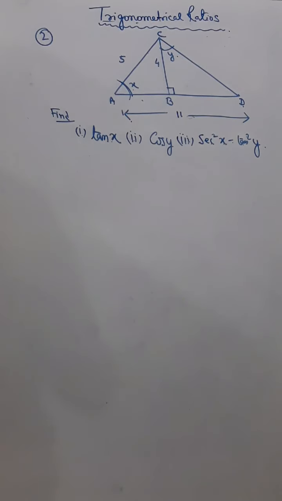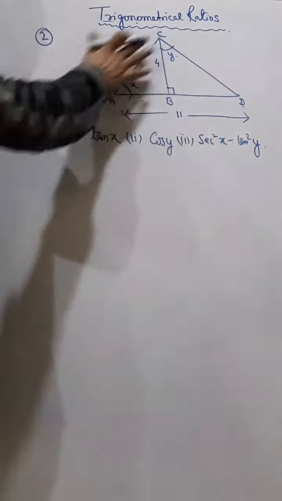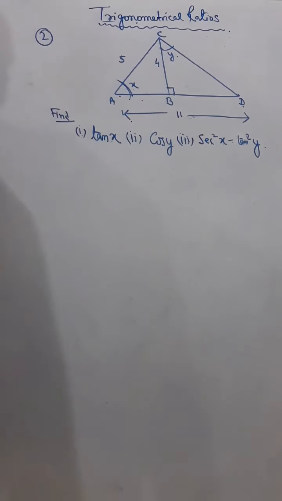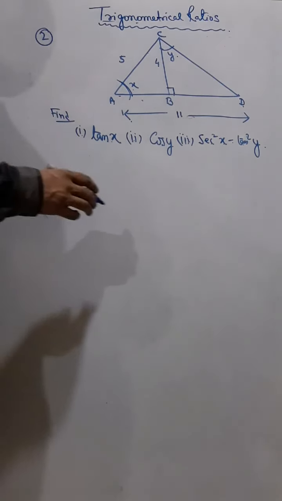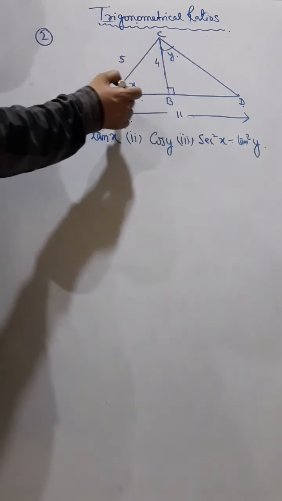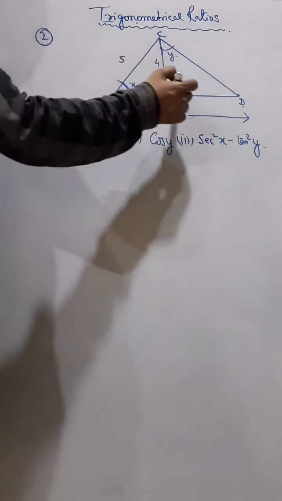Now the first thing we will do is find the unknown sides by Pythagoras theorem, wherever possible. So first let me get all the unknown sides that I can get. So we'll take these 2 triangles, first this triangle, and then we can use this triangle.